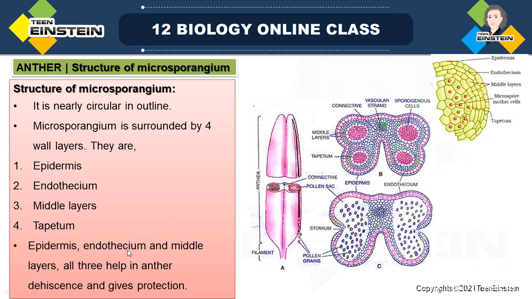Epidermis, endothecium and middle layers, all these 3 layers help in anther dehiscence, and they give protection to the anther.